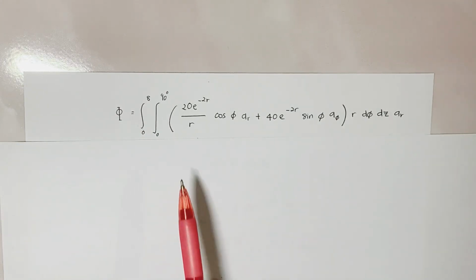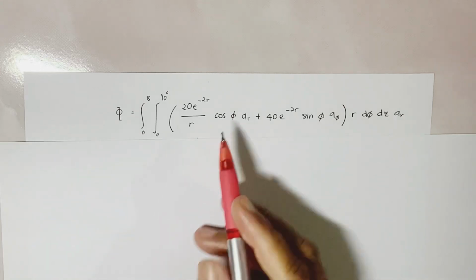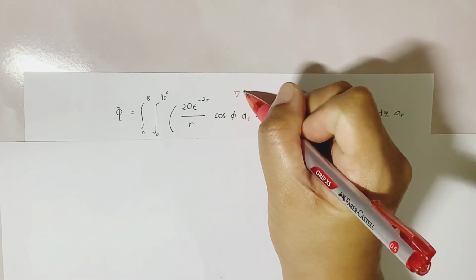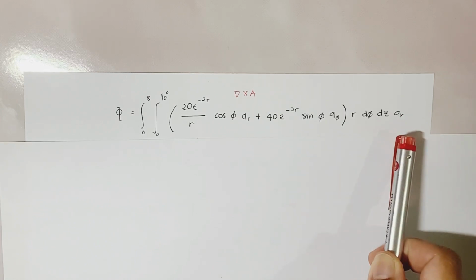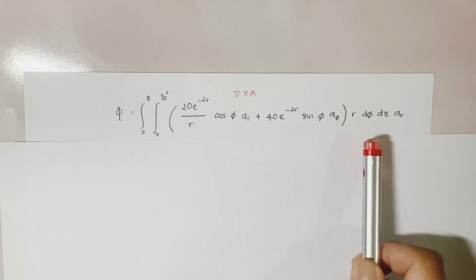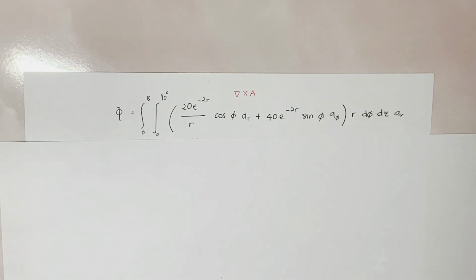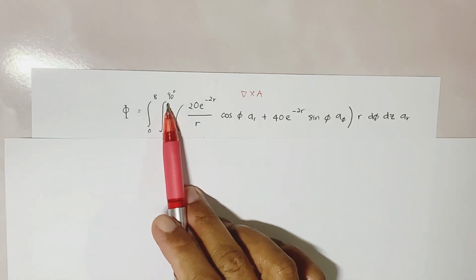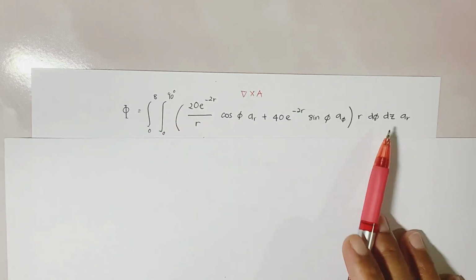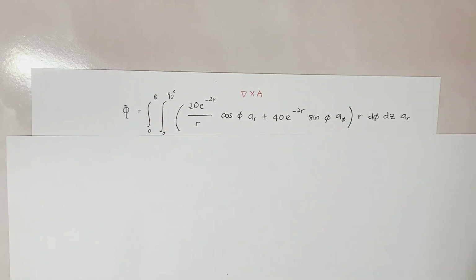Okay, substitute the answer. This is from del cross A, R d phi dz AR. R d phi dz AR refers to dSR. And then phi is between 0 to 90 degree. Given in the question, Z equal to 0 to 8.